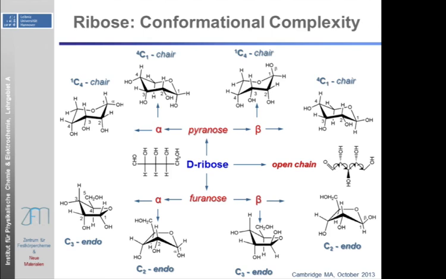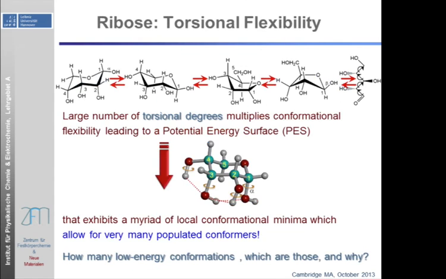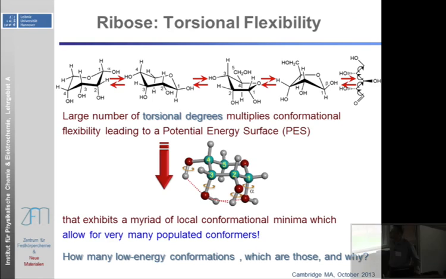But it does not stop here. Then also, all these OH groups can form intermolecular hydrogen bonds, networks of bonds, and then they're all different. So you get a myriad of local conformational minima, and you basically have to calculate them all to figure out what are the low energy species.